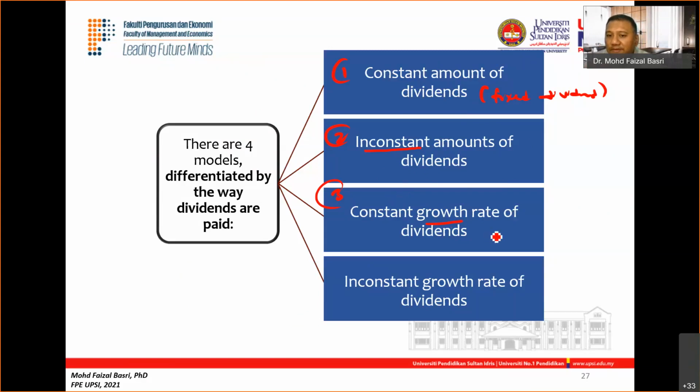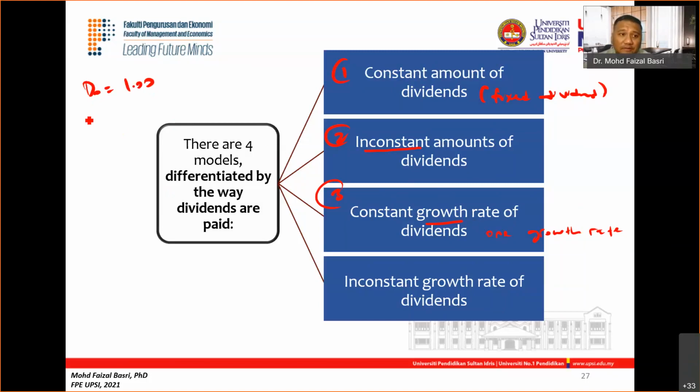Therefore, we're going to have one growth rate, because the dividend will increase at a certain specific rate of growth. For example, the current dividend is 1 ringgit. This is for constant growth.